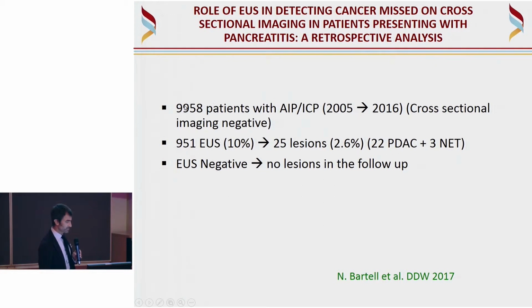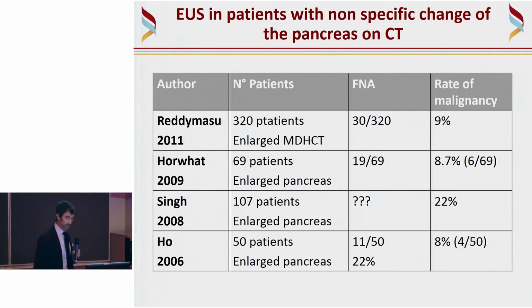They studied nearly 10,000 patients with acute or recurrent pancreatitis with negative cross-sectional imaging, and they performed EUS in 1,000 of them, and they found 2.6% malignant lesions. And when the EUS was negative in these patients, there was no lesion at follow-up, so the negative predictive value was complete.